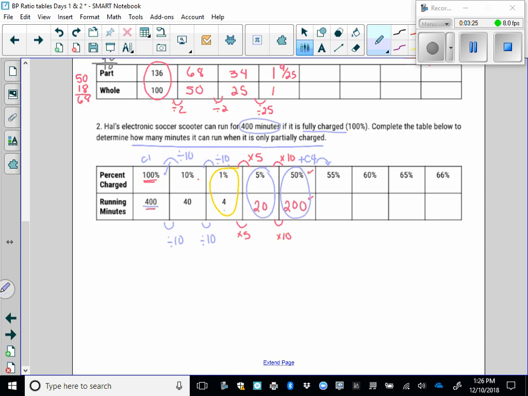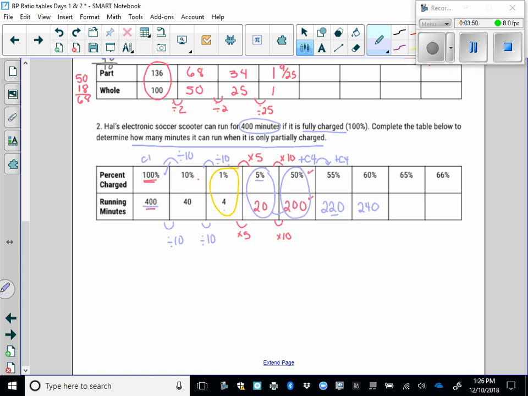And so I have to add these two numbers, 220 minutes. So 60%, I can add another column 4. So I add another 5, add another 20, 240 minutes.